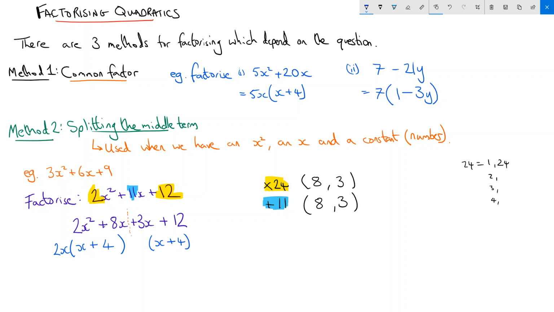All with me? If I put a number here, this number times x has to equal 3x, and this number times 4 has to equal 12. So this number has to be 3. Is it positive or negative? Positive.